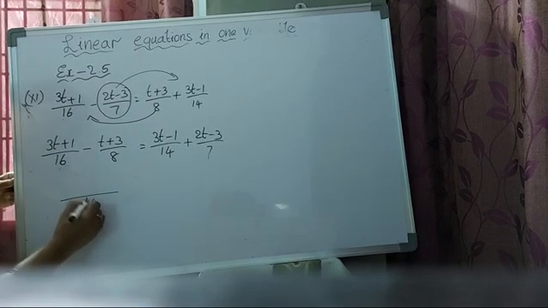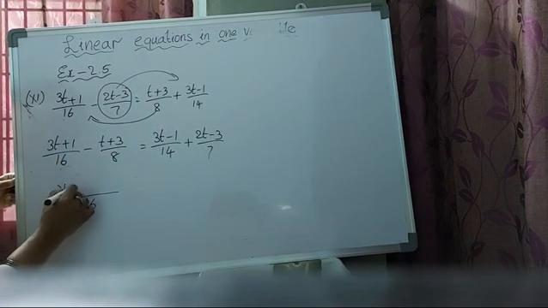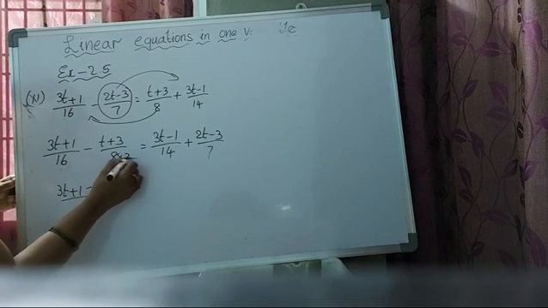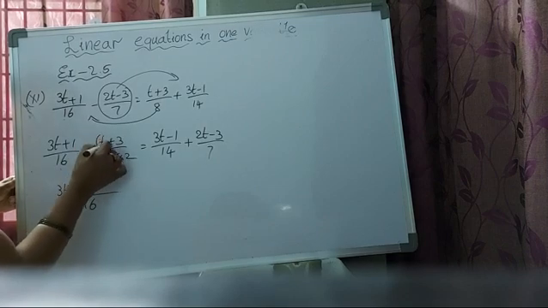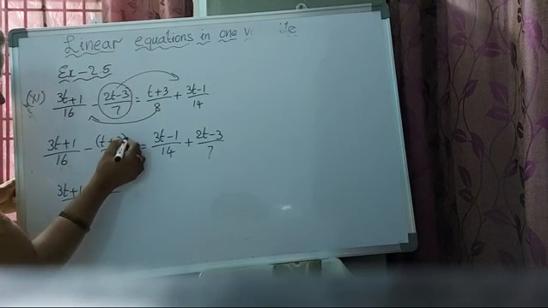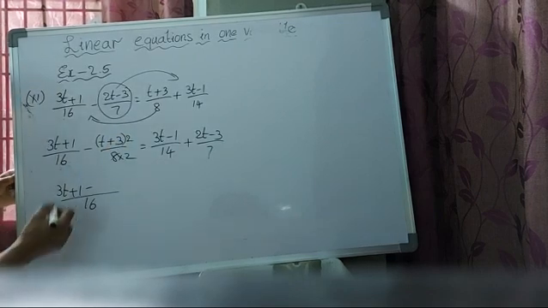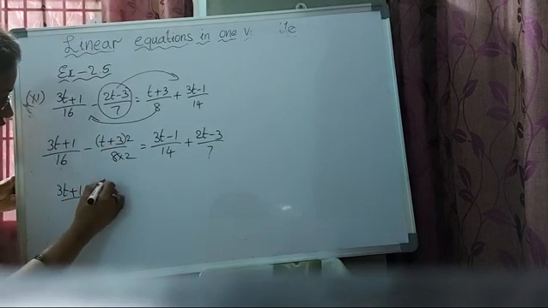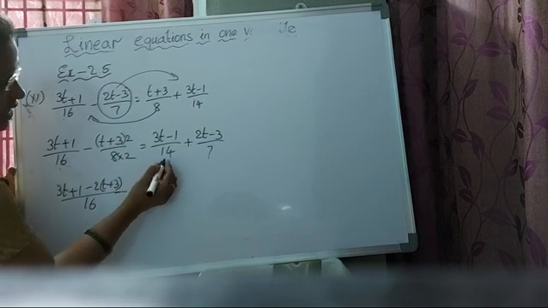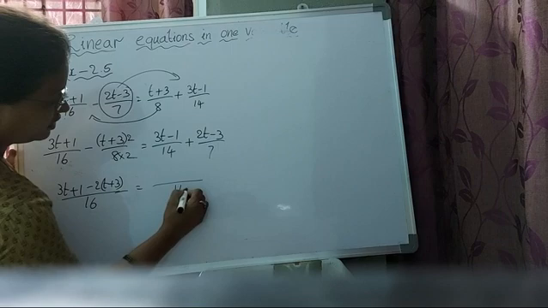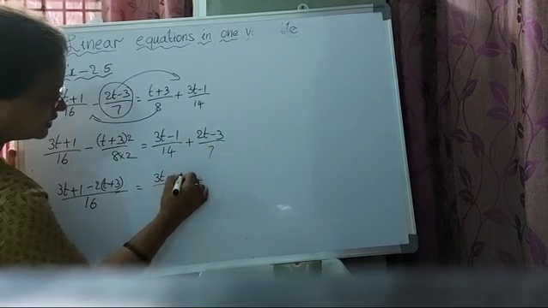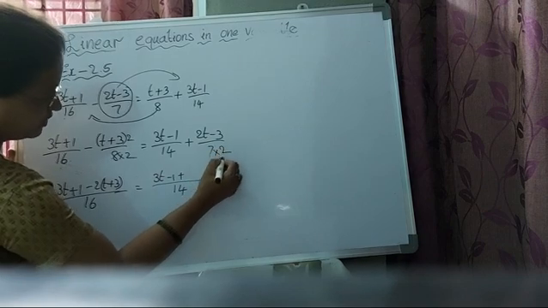So 16. (3t plus 1) minus, 8 into 2. 8 twos are 16. To make it 16, we are multiplying with 2. If you multiply the denominator, you have to multiply the numerator also with 2. So 2 into (t plus 3) is equal to, here also same, the LCM is 14. Here 14 only. So (3t minus 1). To make it 14, you have to multiply with 2.